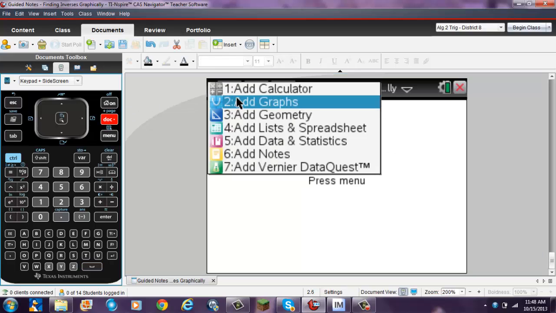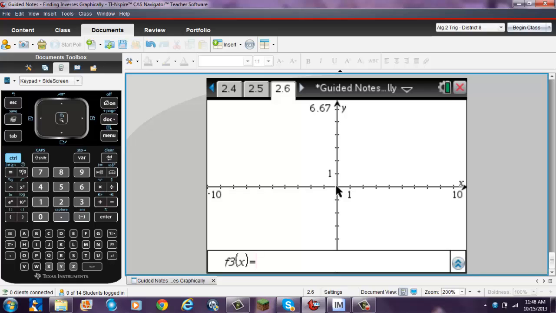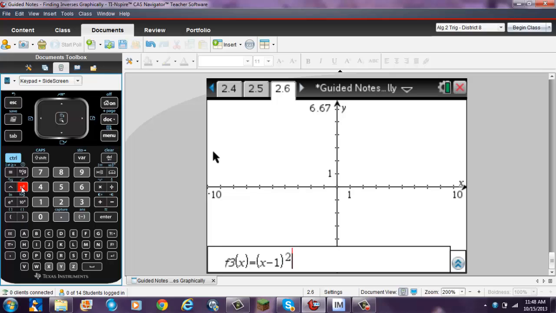So add a graphs page, retype the name of that function, f of x equals x minus 1 all squared plus 4. But don't push enter after it. After it, go to Control and the button to the left of 7 and grab that vertical line.